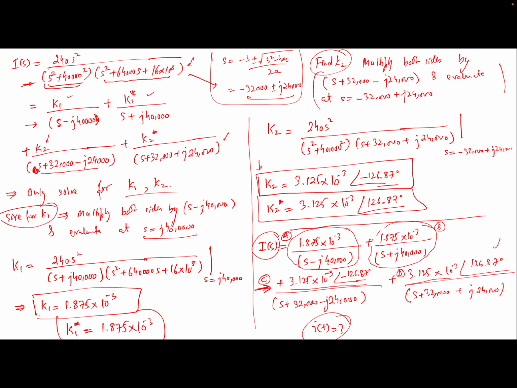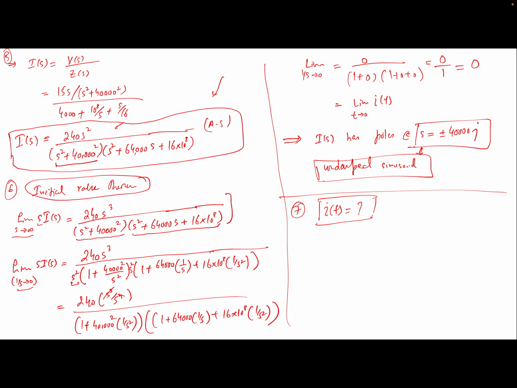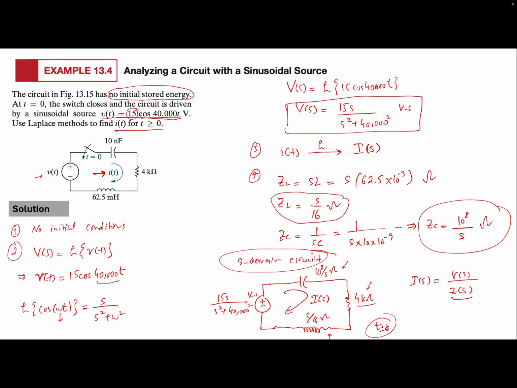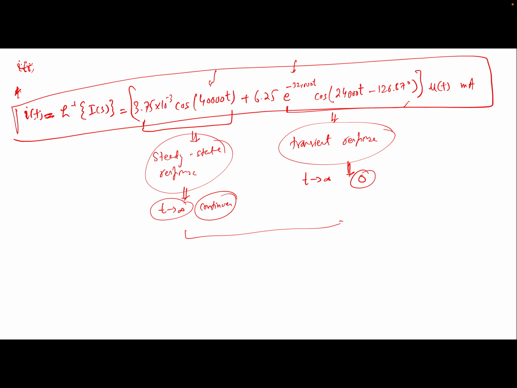And this goes all the way back, maybe two slides back, to your s squared plus 40,000 squared. So in the final expression you may have a summation of a transient response and a steady state response, where the steady state response comes from the input and continues, and the transient response usually has these kinds of exponents and goes away at t equal to infinity.